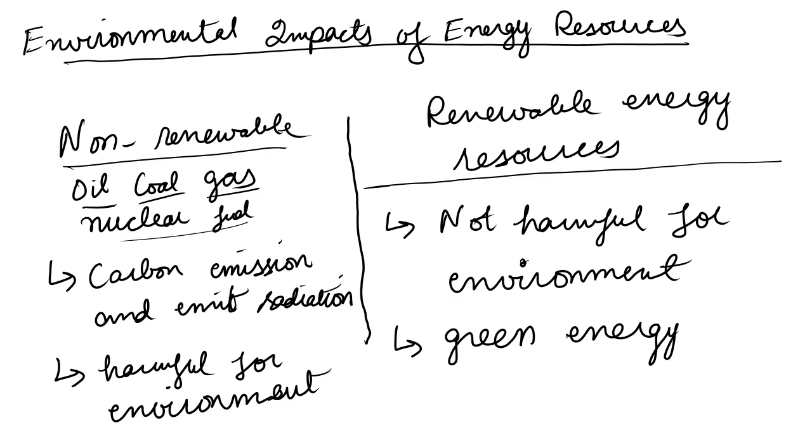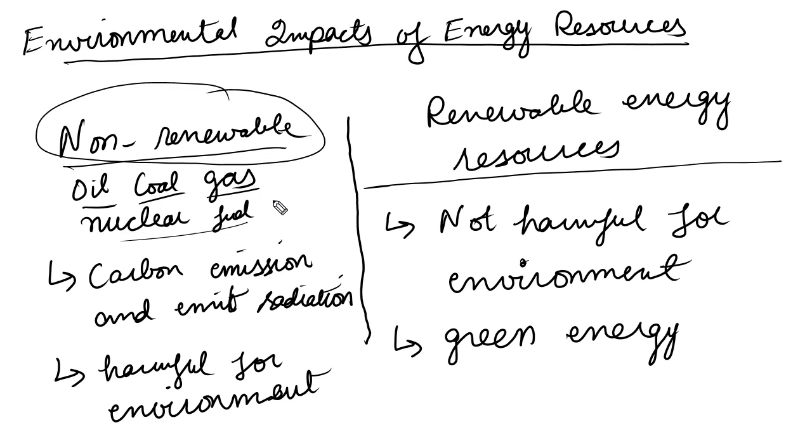Now the next thing that we have to discuss is how to deal with the environmental issues. Science can deal with the environmental issue, but there are some factors that are not related to science that could cause trouble in the environment. Let's suppose there could be some political issues, social issues, ethical issues, and economic issues as well, where the non-renewable energy resources are preferred over the renewable energy resources.